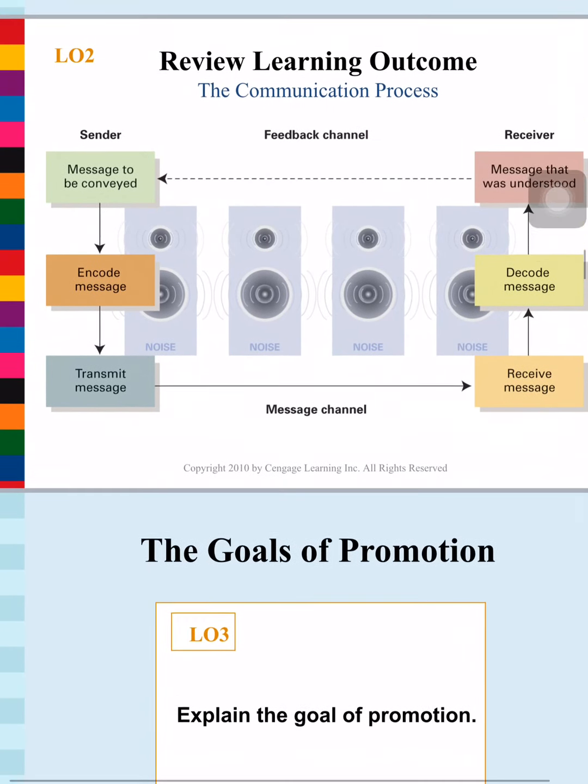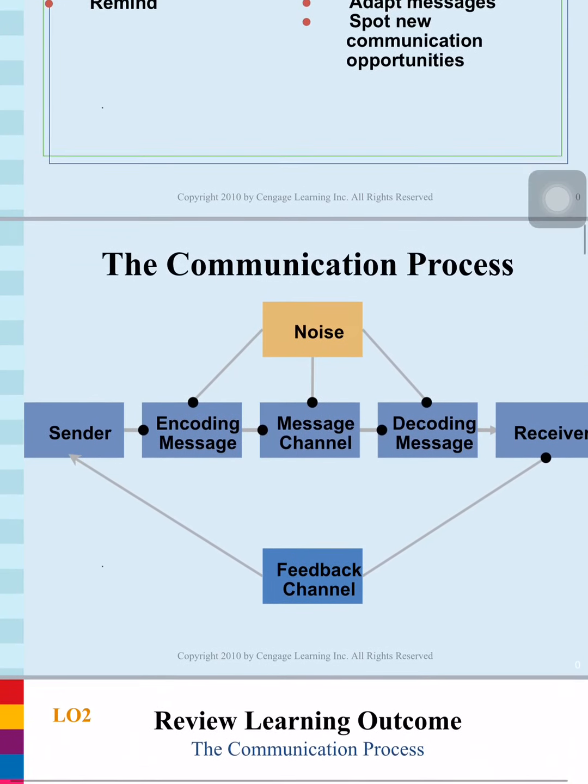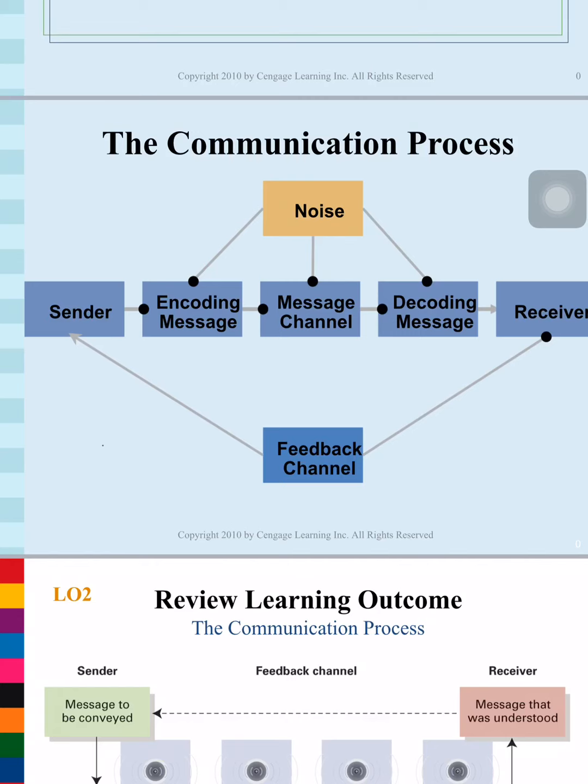I hope that you are clear about the communication process before I move to the next point. Again, encoding the message is the conversion of the sender's ideas and thoughts into a message, usually in the form of words or signs, maybe words or pictures.